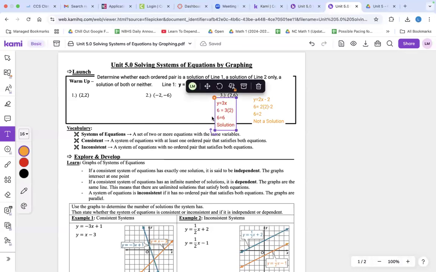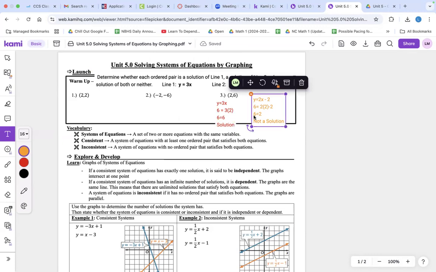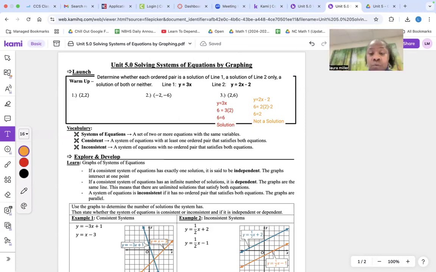All right, so is this what you got? Once you plugged in your 6, it is a solution for line 1, but it's not a solution for line 2. Now, if you're not sure how to work this, please ask questions. One more time, if you are not sure how to work this, please ask for help.